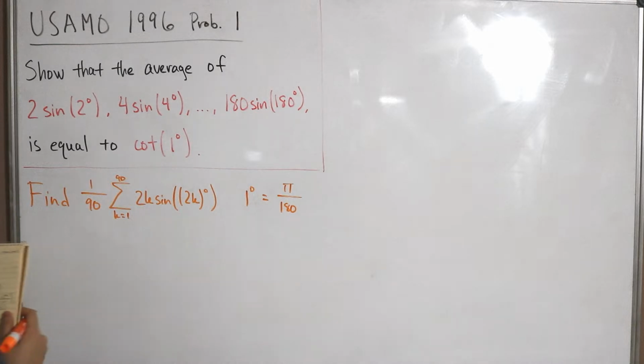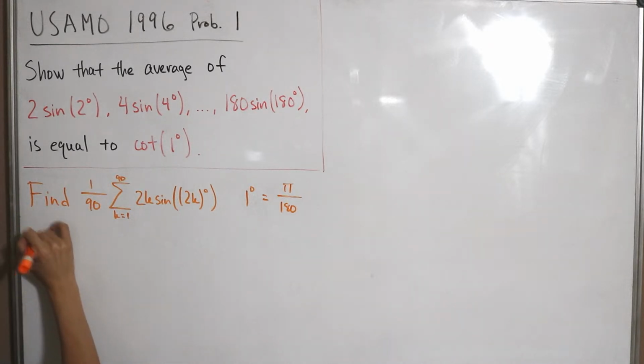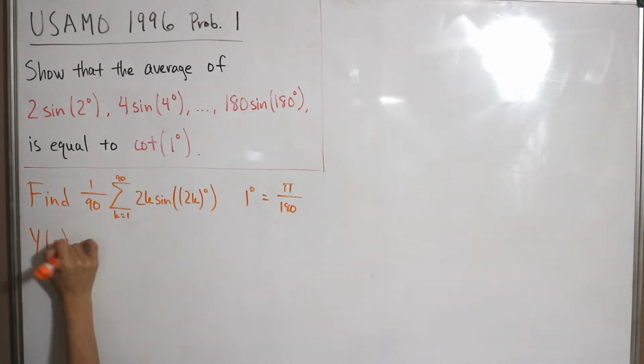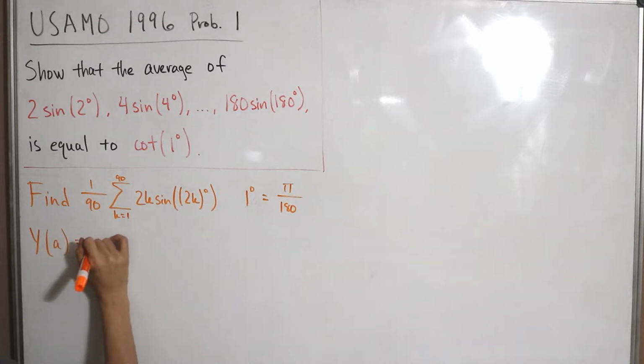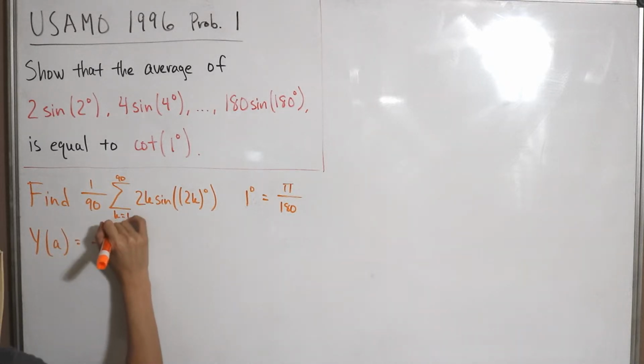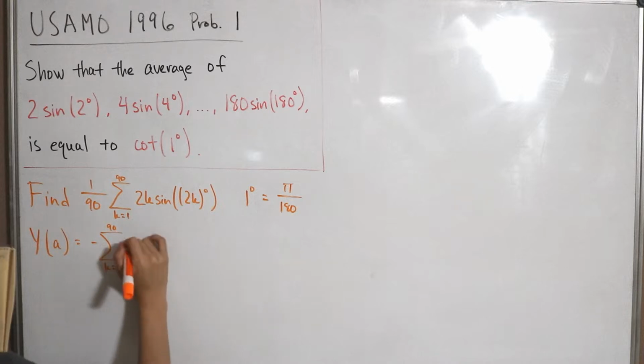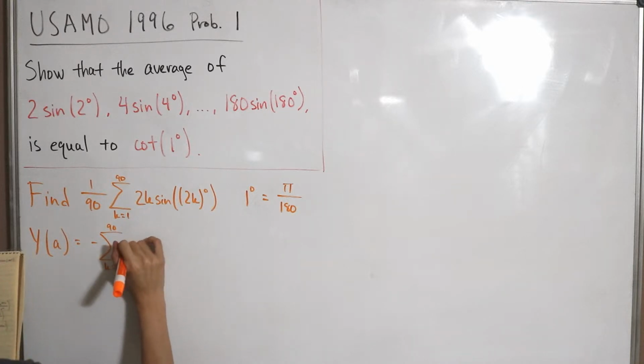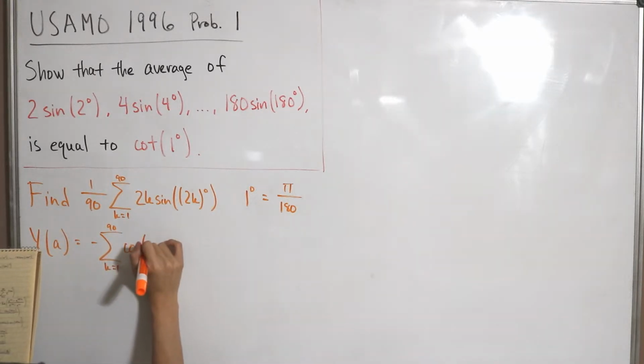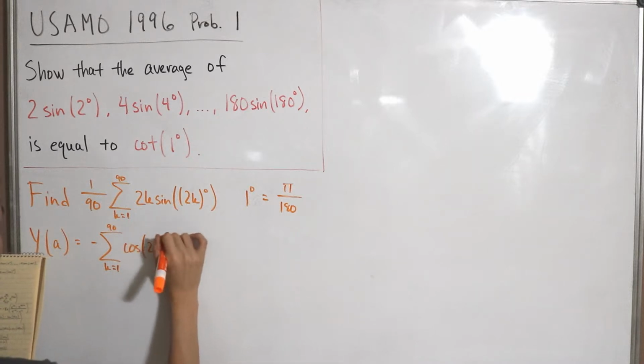But anyway, suppose that we consider the function, I'll call this capital Y of some input a. We say that this equals the negative of the sum over the same indexes of cosine of 2k times a.